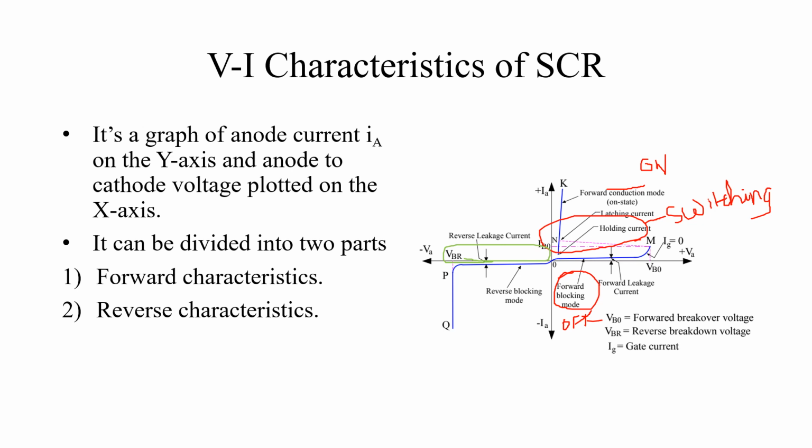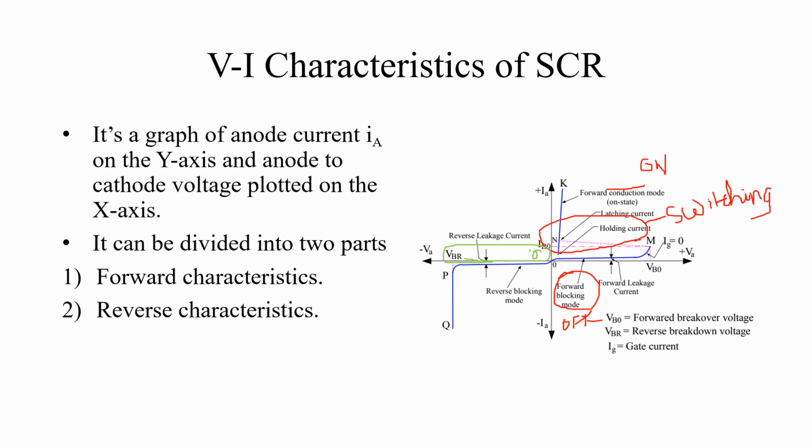Here when our reverse voltage reaches a certain point, that is breakdown voltage, suddenly what happens? Avalanche effect takes place. So here avalanche breakdown takes place and a huge amount of current starts flowing in the SCR. Earlier only this much amount of current was flowing here.